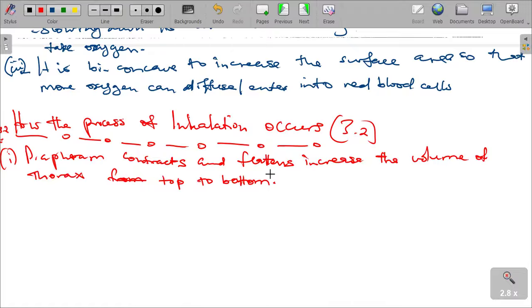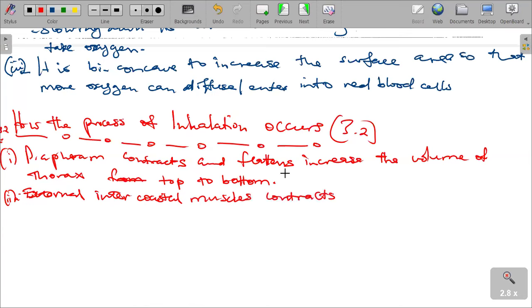And then the external intercostal muscles contract, causing the ribs to be lifted upwards and outwards.